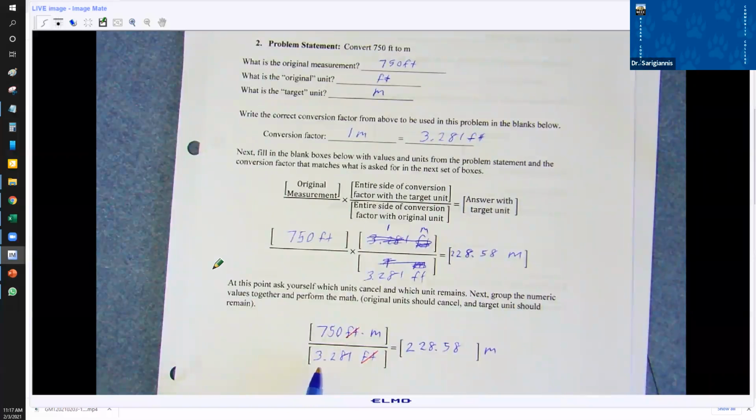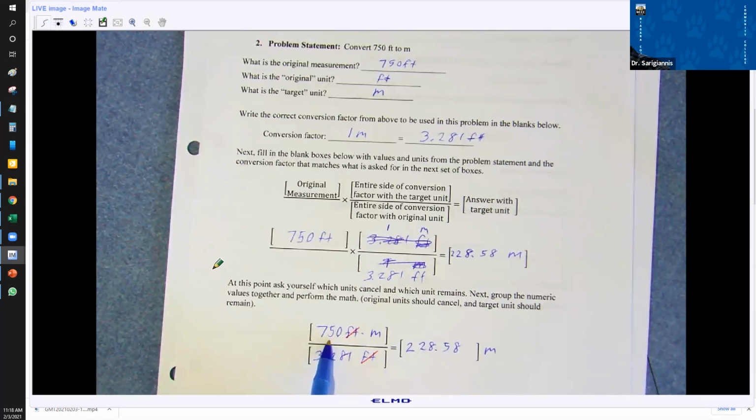Our conversion factor has 4 significant figures. There might come a time where you have an exact conversion factor. If you're told it's exact, and say it only had 2 significant figures, you wouldn't use that as the limiting significant figure, because it's exact. In this example, it's not exact.